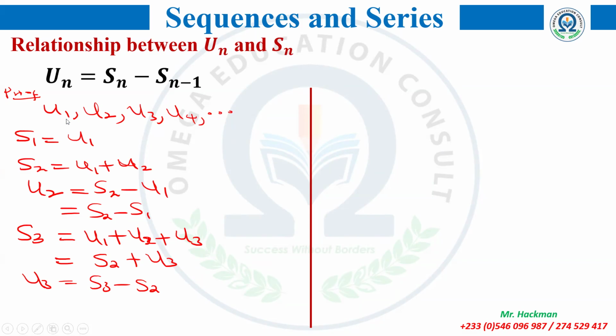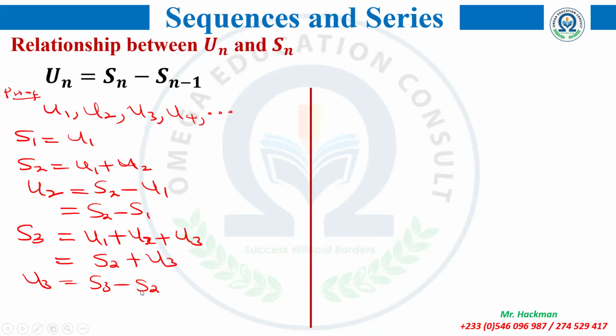So it will be first term plus second term plus third term. But you said U sub 1 plus U sub 2 is the same as S sub 2, so the first two terms here I can replace by S sub 2. Do you agree? Then plus your U sub 3. Then you make U sub 3 the subject, so U sub 3 will be equal to S sub 3 minus S sub 2.